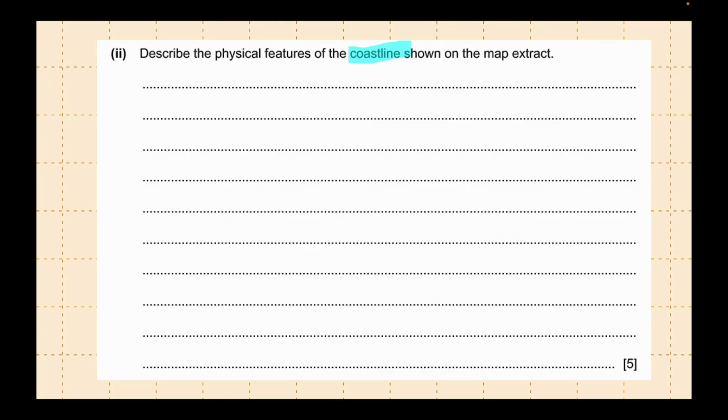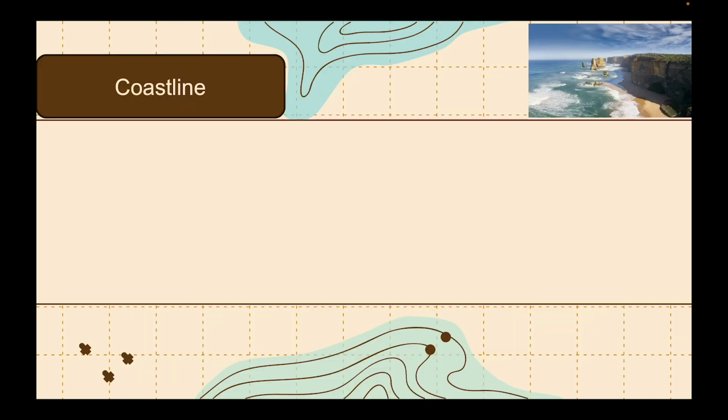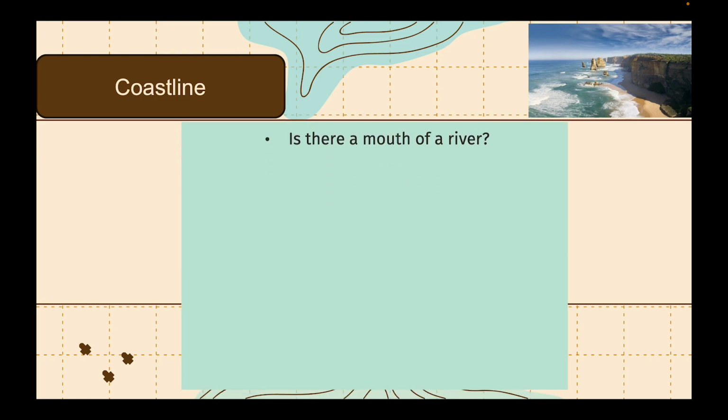Alright, moving on to the last part of the natural or physical section, describing the physical features of the coastline shown on the map extract. So coastline, what we're looking for here. Firstly, is there a mouth of a river?